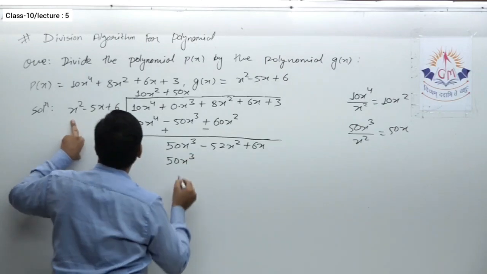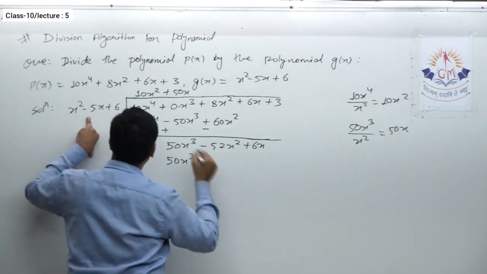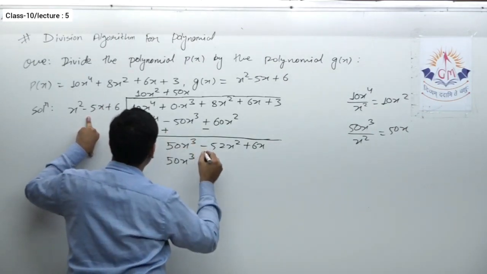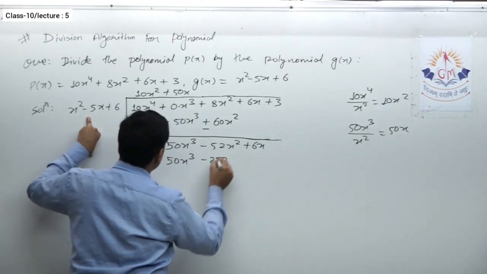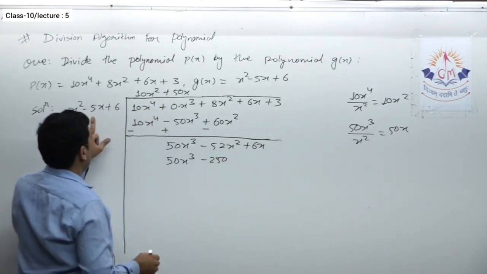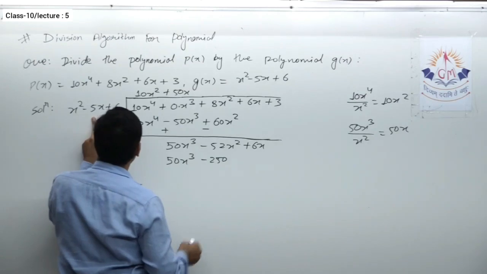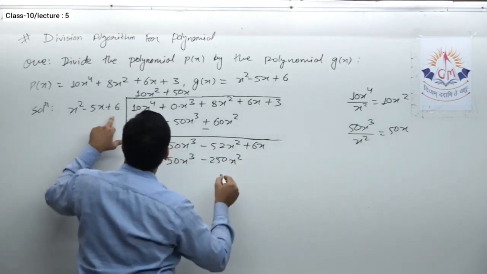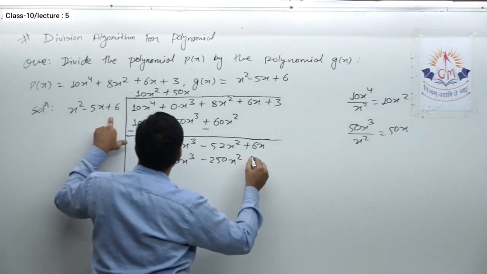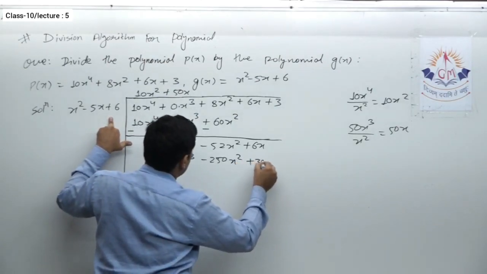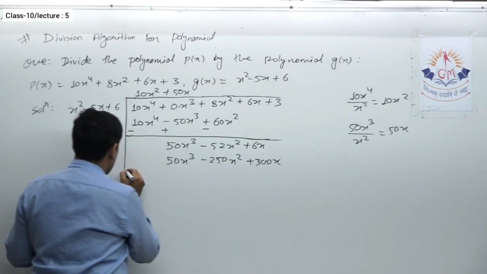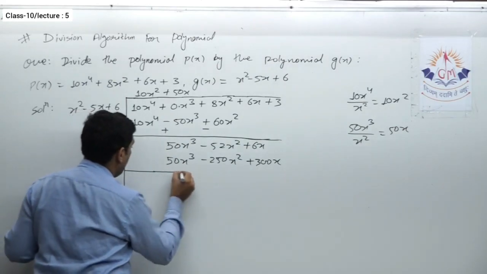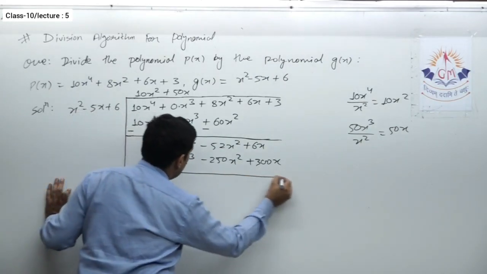Then 50x into minus 5x gives minus 250x square, and then plus 300x.